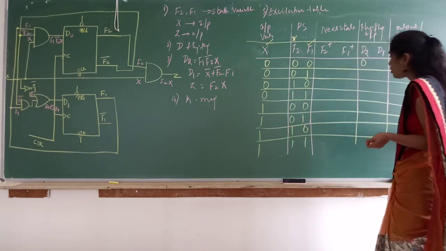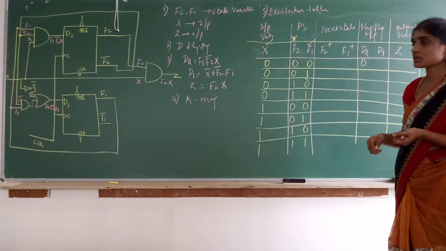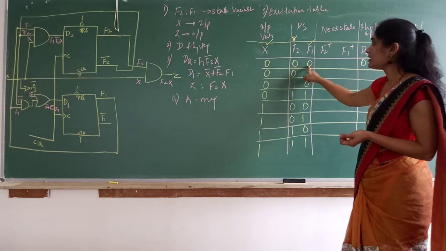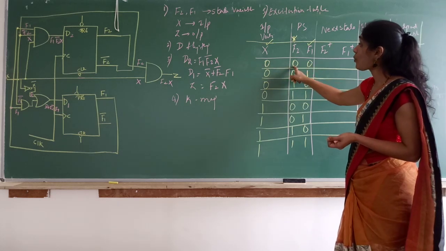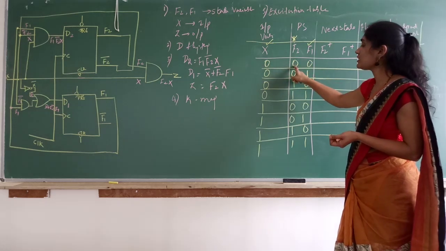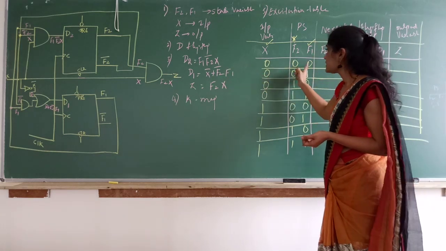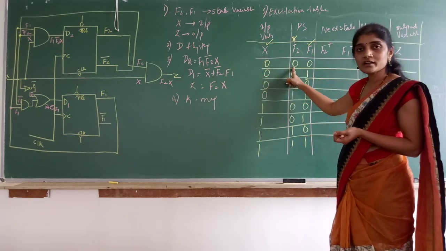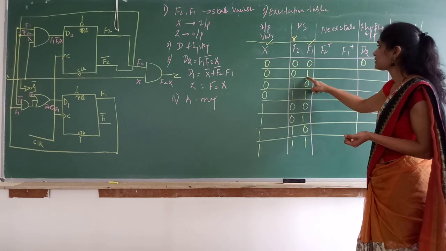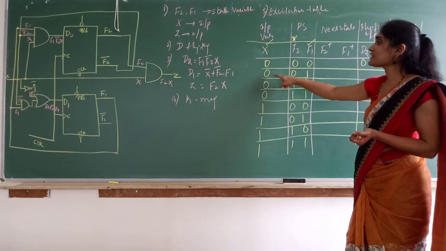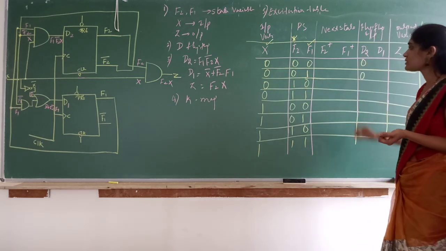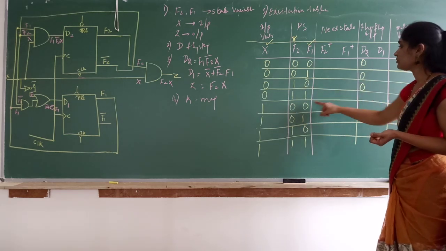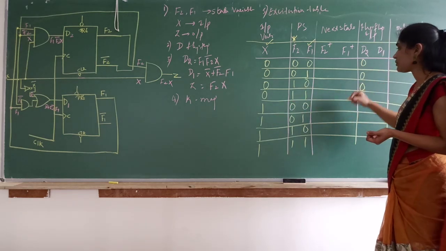Or otherwise you can go on substituting in the equation and check. F1 is 0, F2 is 0, so F2 bar would be 1, right? Give these to an AND gate and the output will be 0. Next, here F1 is 1, but X is 0, so obviously D2 is 0. Here X is 0, so this will be 0.